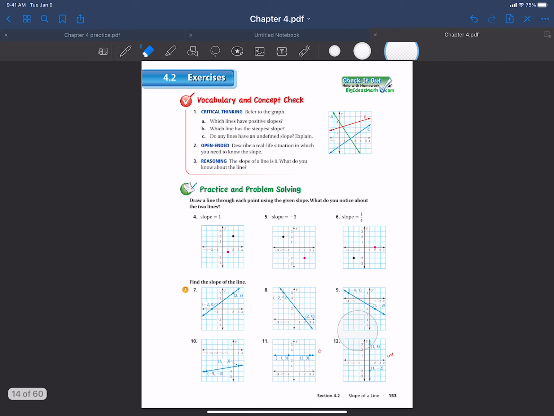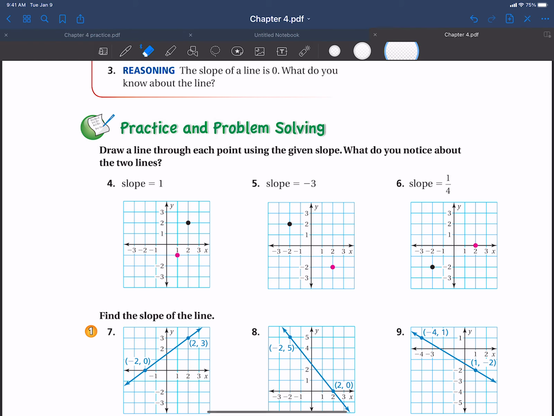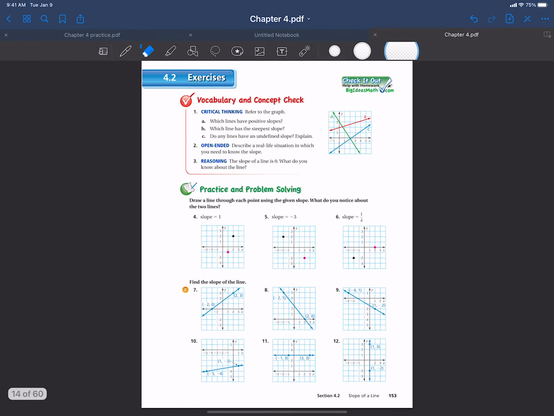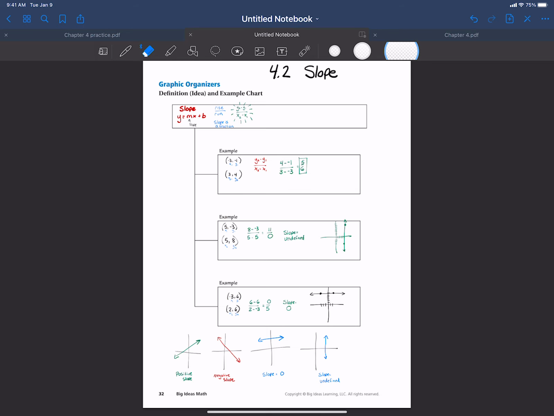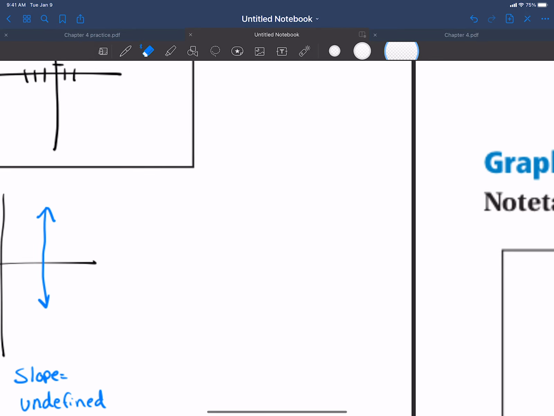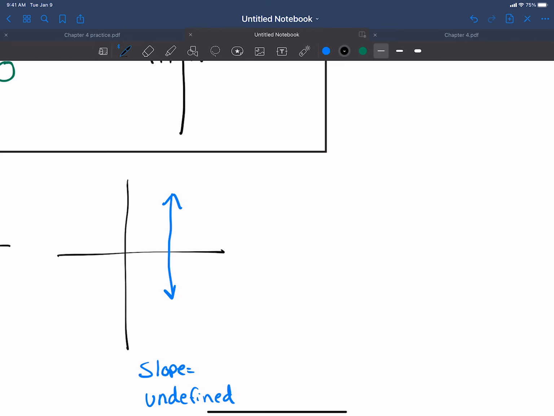Now, I'm looking through the example problems. One more thing I think I need to tell you that's kind of important: let's go back to our graphic organizer. Down here, where we have just a tiny bit of room left, we have another little idea to put down.